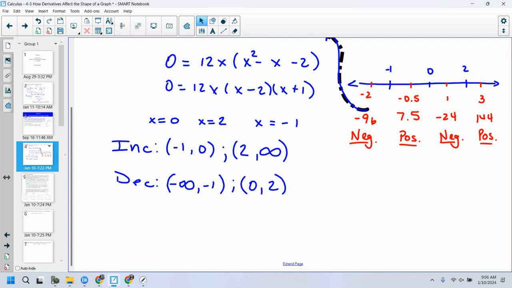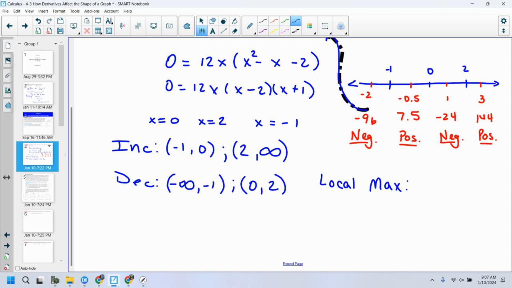We would run the ID test, and then we would say, where are our local maximums? Well, we've got to look at this again. This one: negative, positive, positive, negative, right? Increase to decrease.